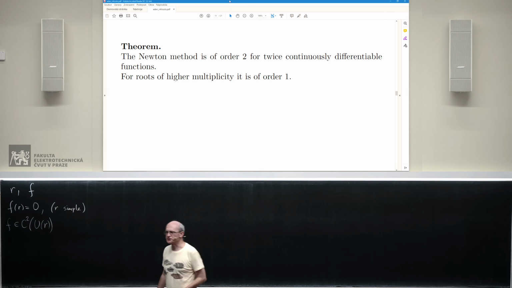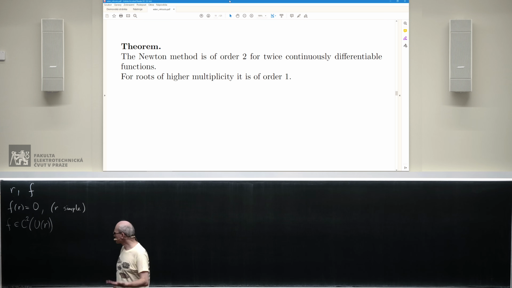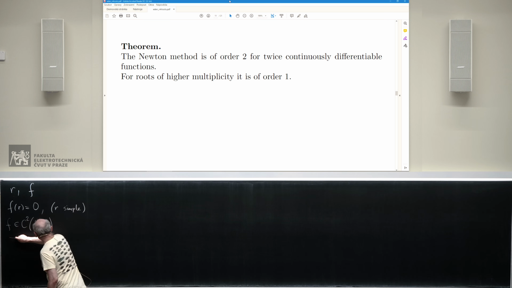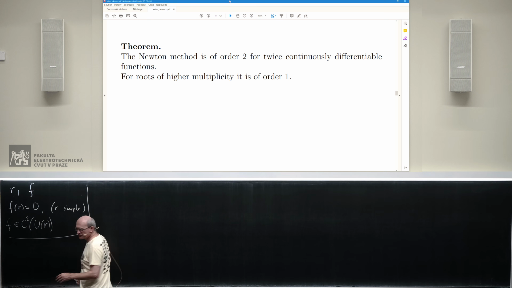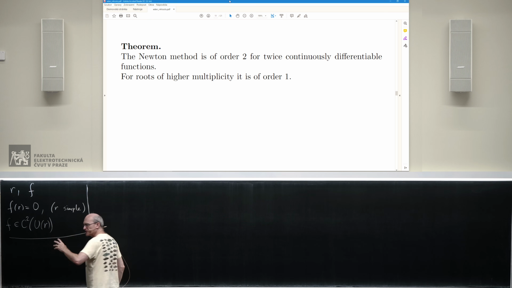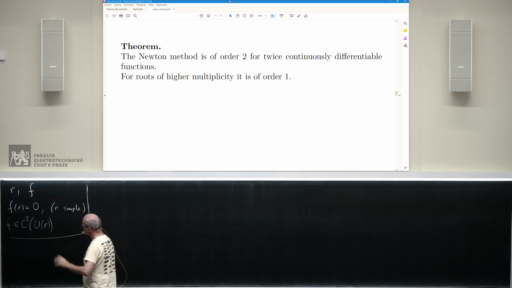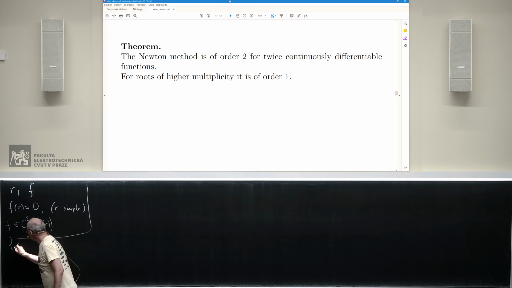That's a mathematical notation. And finally, we need to check it somehow. So how does the order checking go? These are general assumptions. And now we have to look at a specific instance. We take the Newton method with some initial x_0, we apply it, and we get a sequence. So x_k is produced by Newton. And we assume that this sequence goes to r.